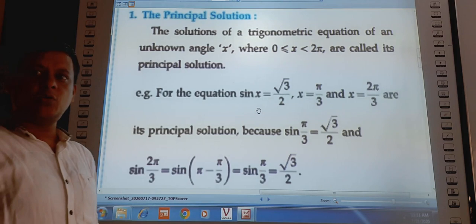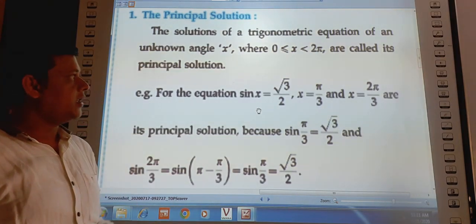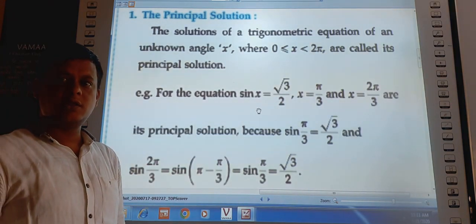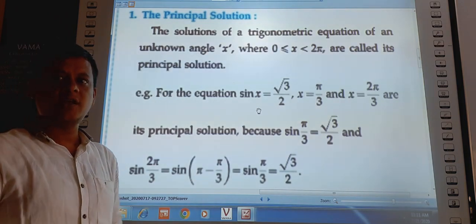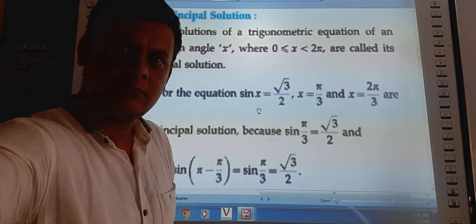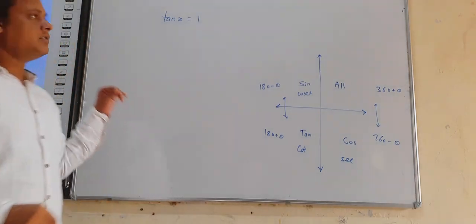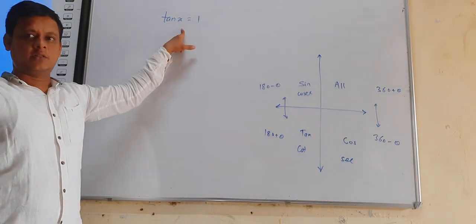म्हणजे तुम्ही फक्त एवढंच लक्षात ठेवायचं की ज्यावेळेला तुम्हाला प्रिन्सिपल सोल्युशन विचारलं असेल त्यावेळेला तुम्ही x च्या 2 व्हॅल्यू कॅल्क्युलेट करायच्या आणि त्या 360 पेक्षा लेस असल्या पाहिजेत. Now see the second example, tan x equals 1.